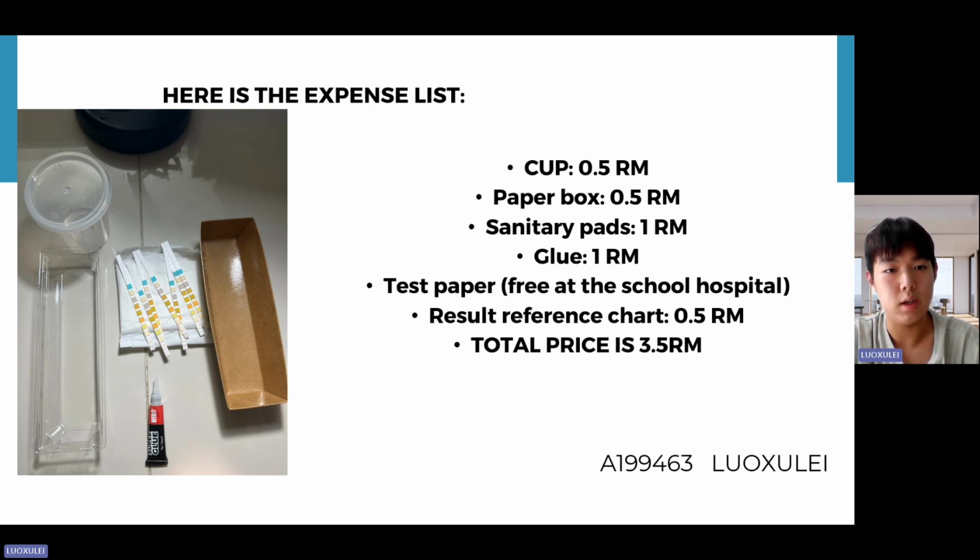For example, the cup is 0.5 yuan. The paper cost is 0.5 yuan. The template is 10 yuan.